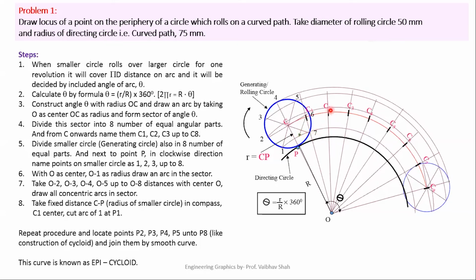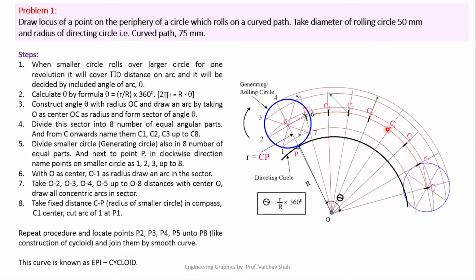After that, put your rounder at C2 and try to cut the circular line passing from this 2. Put your rounder at C3 center and try to cut the circular line passing from this 3 like this. Put your rounder at C4 and try to cut the circular line of 4 passing from your 4 like this.